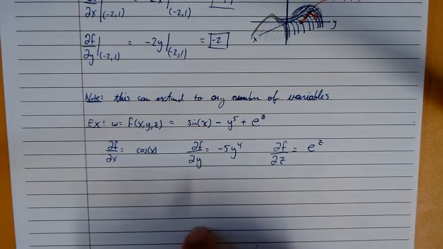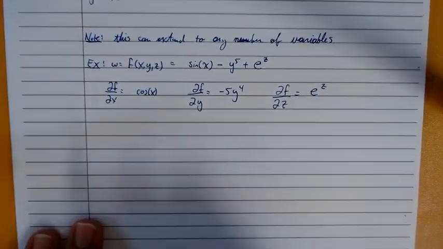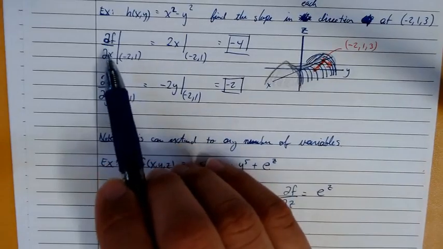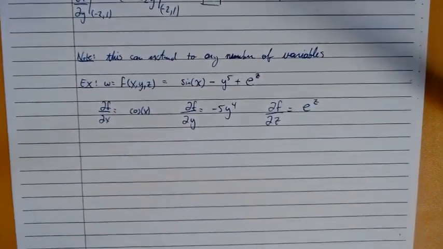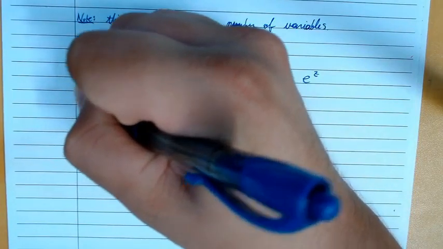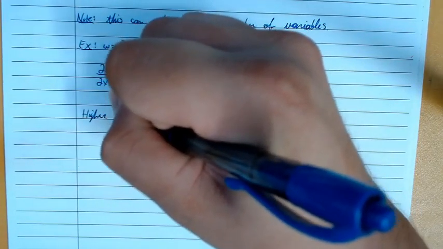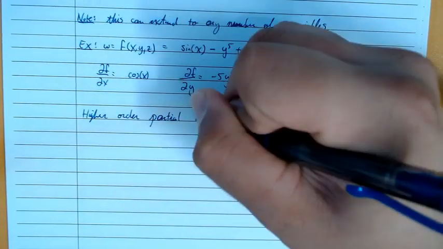Here, we can also talk about higher order derivatives for partial derivatives. However, because there is more than one first partial derivative, then there's going to be several second partial derivatives. So, higher order partial derivatives.